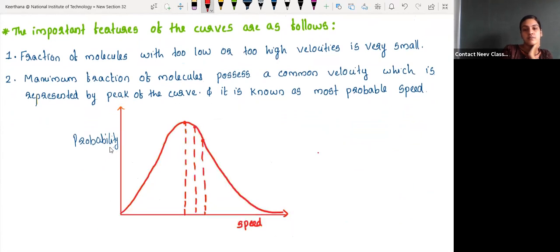Here I represented 3 speeds. Can you please identify what these speeds are? VMP, VRMS, and V average. Assign these speeds.